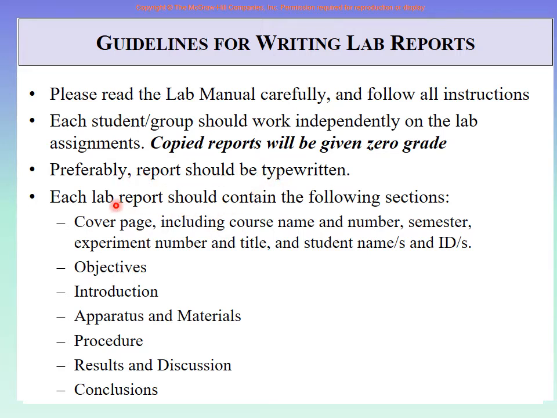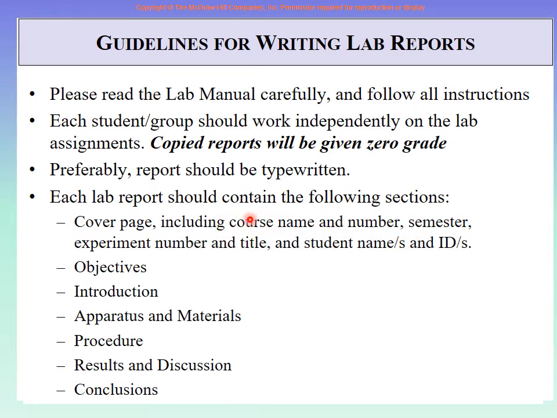So now each lab report should contain the following sections. There should be a cover page for each lab, which includes the course name and number, the semester, the experiment number, the title of the experiment, and the names and IDs of the students in the group.